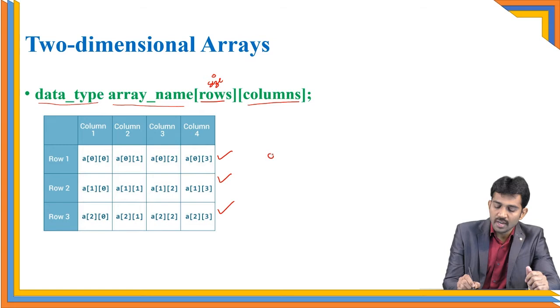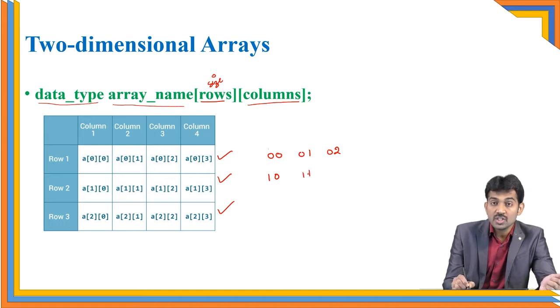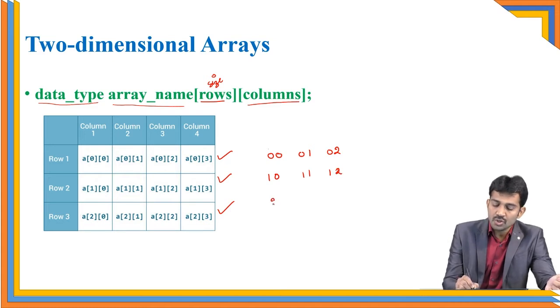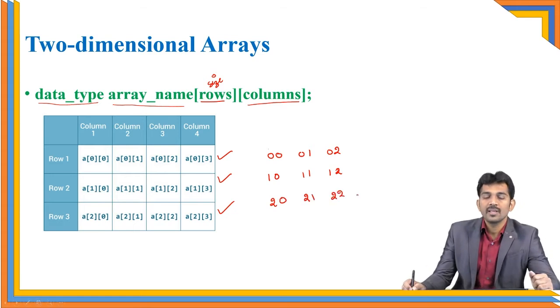The first one is 0, 0, meaning 0th row and 0th column. 0, 1 means 0th row, first column. 0, 2 means 0th row, second column. 1, 0 means first row, 0th column. 1, 1 means first row, first column, and so on. Like that, we store 2 of 0, 2 of 1, 2 of 2. Is this clear? Like that you store the 2-dimensional array.